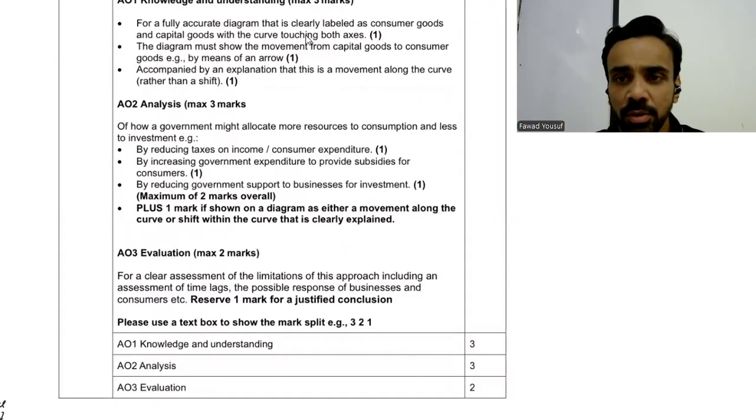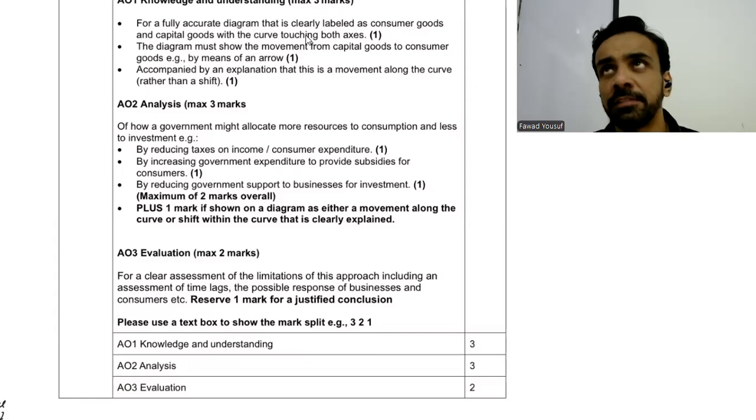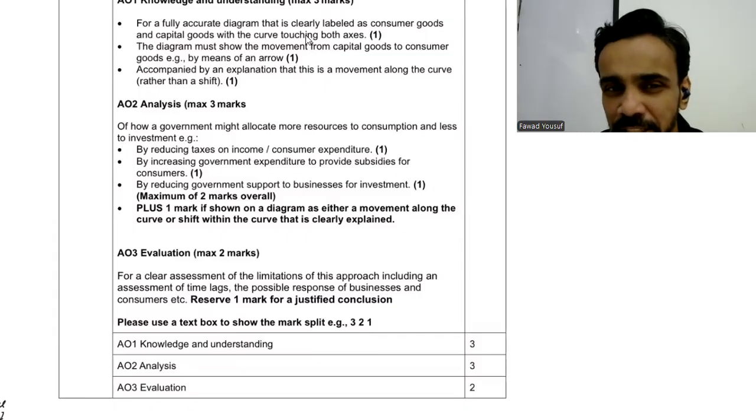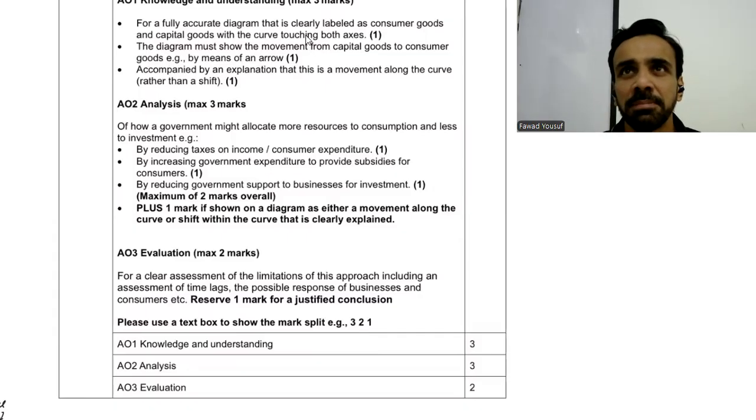Then the examiner will give it. Honestly, I've rarely, if I check 250 papers, out of 250 papers, I don't remember. Maximum, I would say if I have given someone 8 out of 8, then out of 250 papers, 5 people might have gotten 8 out of 8.